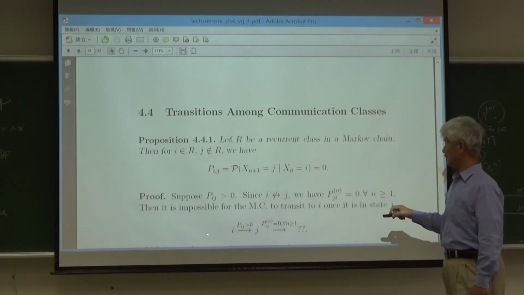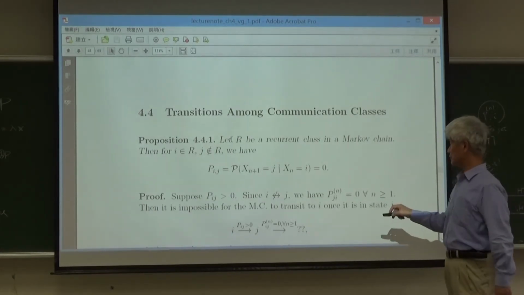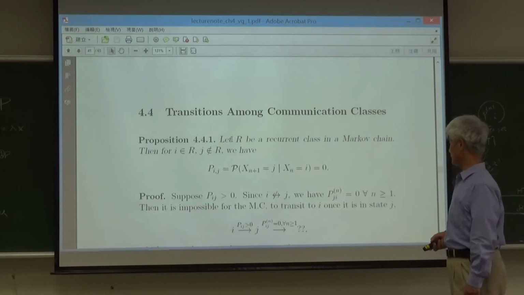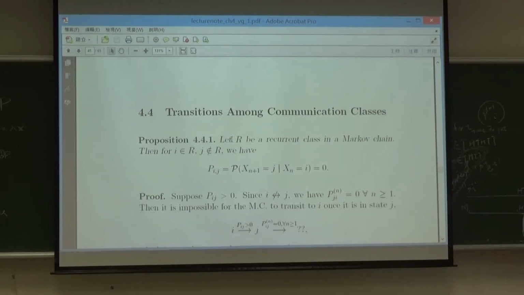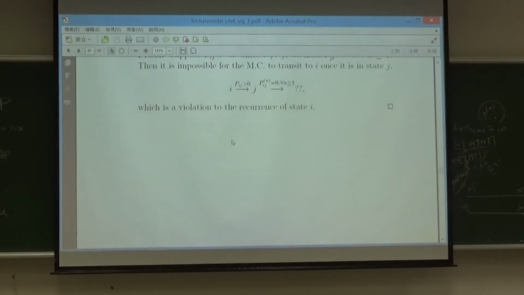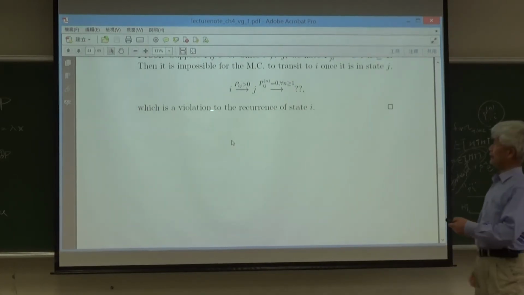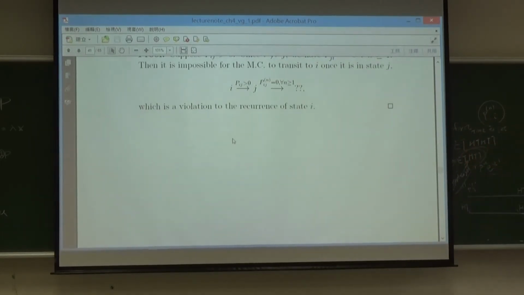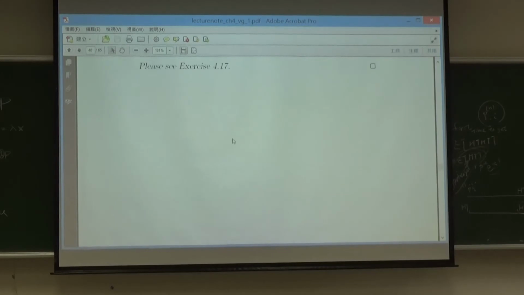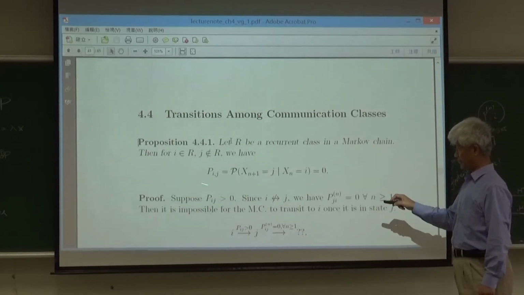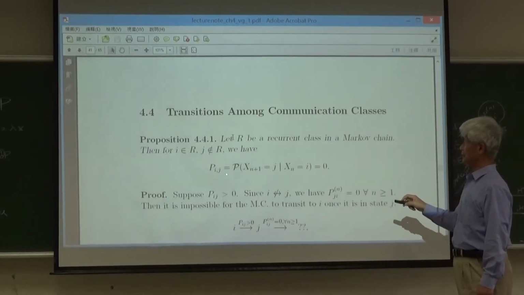But i is recurrent. If you go out and never go back, that means i is not recurrent. This is impossible, a violation of the recurrence of state i. So this must not be true, and so P_ij should be 0.